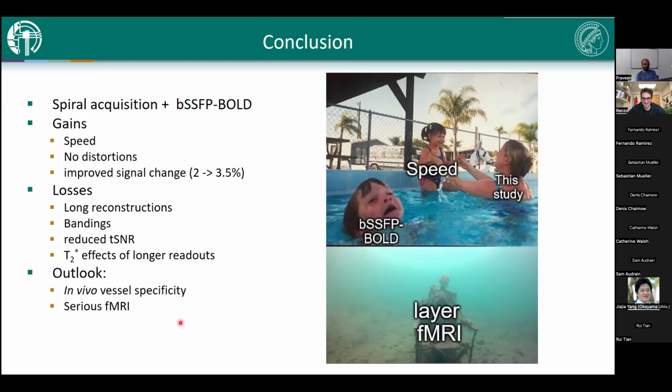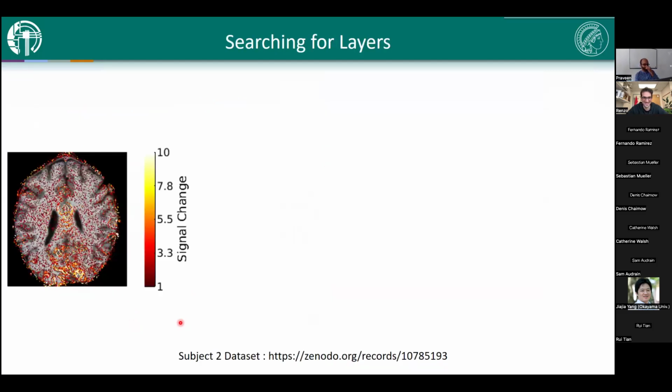And just not to disappoint Renzo too much, I at least fished some images which are a little related to layer-fMRI. So from the 0.6 millimeter protocol, I calculated the signal change. As you can see, it's very noisy because of my thresholding. And we try to get layers from these MP-RAGE images.